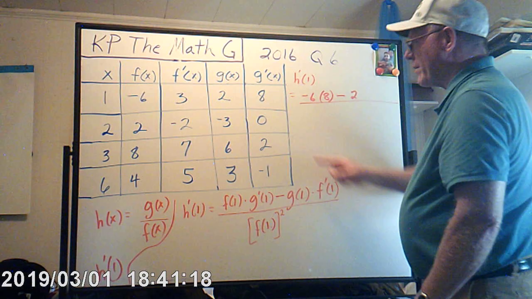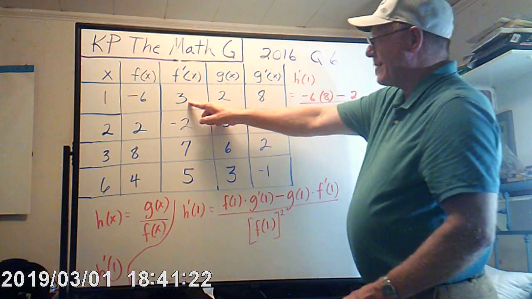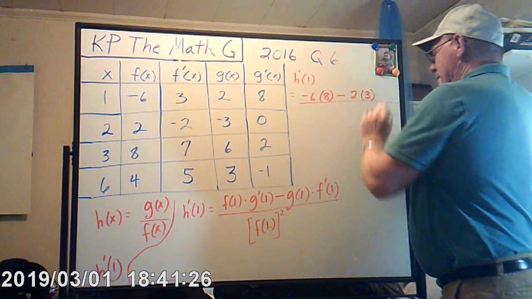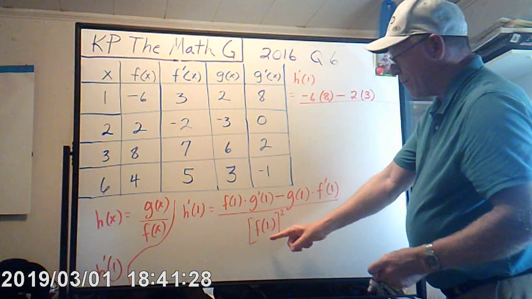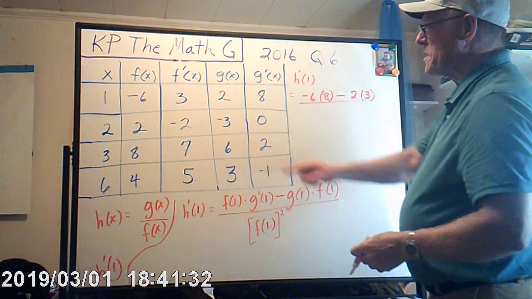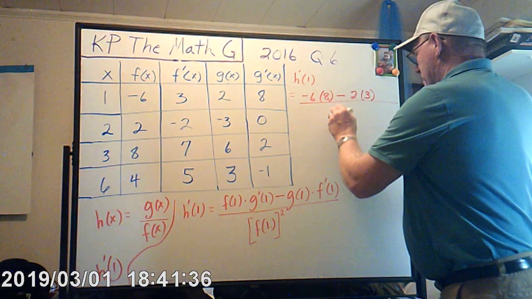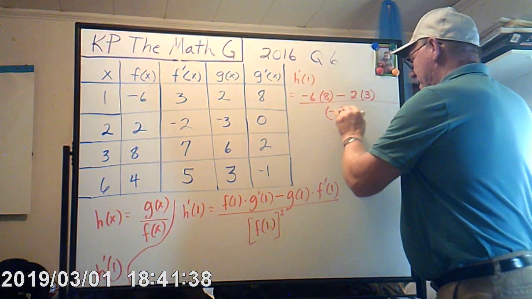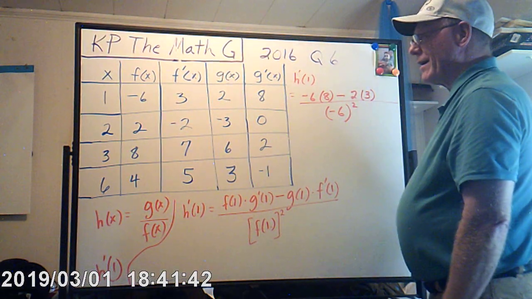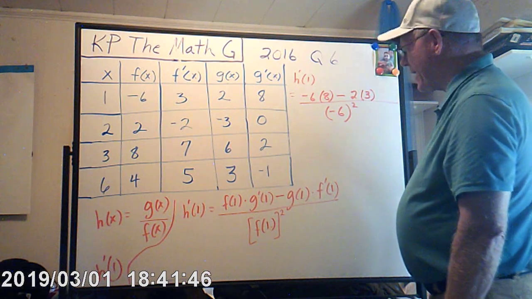Alright, f prime at 1 is 3. Alright, like that. Now over f at 1, so f at 1 is negative 6. Alright, don't make a rookie mistake and forget that parentheses there. Okay. Alright, f at 1 is negative 6.